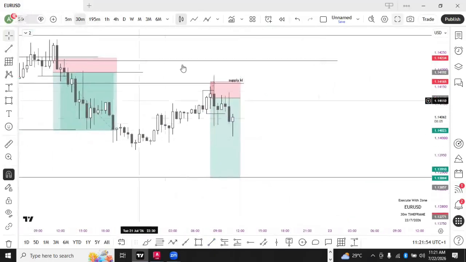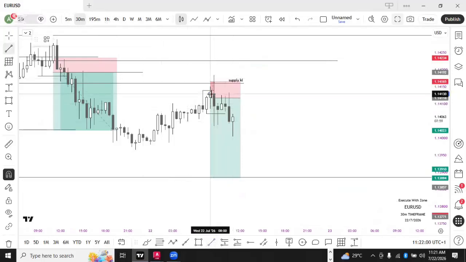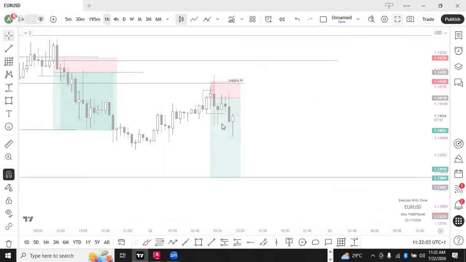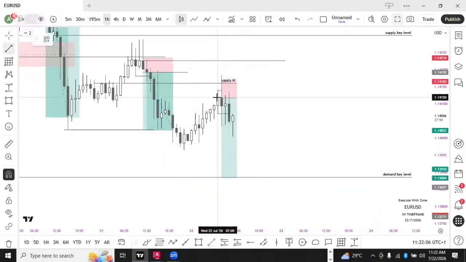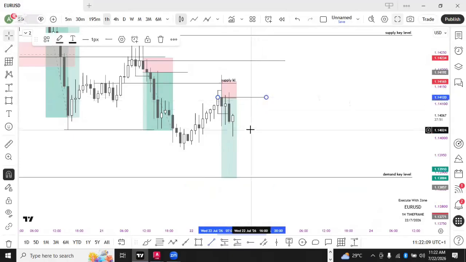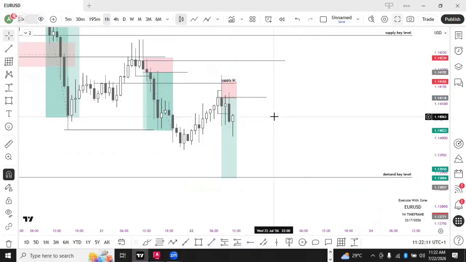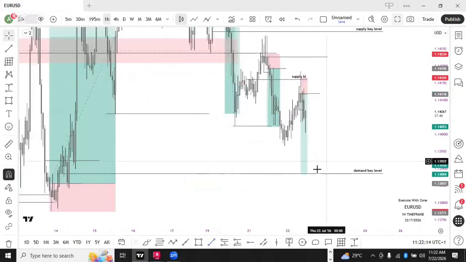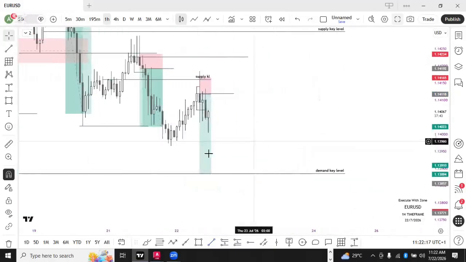I know above it should be entry, or you can use your 1 hour, which is this. But I used 1 hour in this scenario. I use this one here, and I put my entry there. That's what I did, and I'm expecting price to come to this level here.